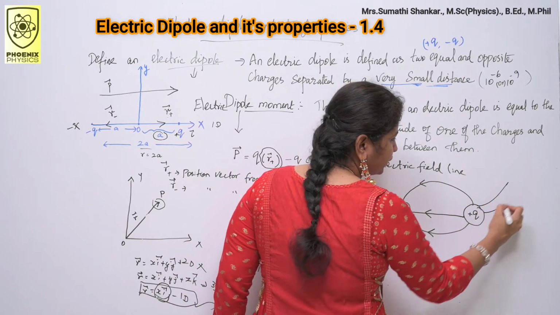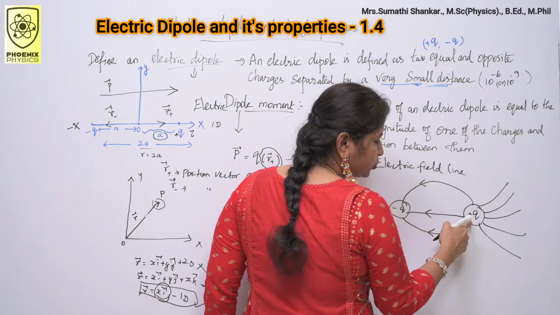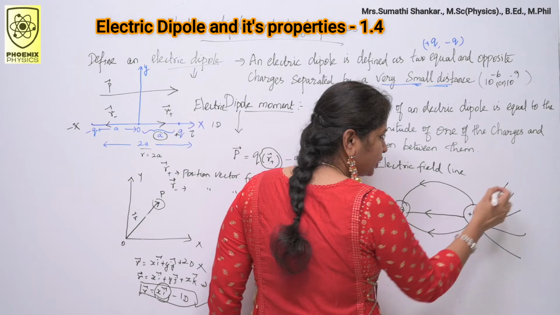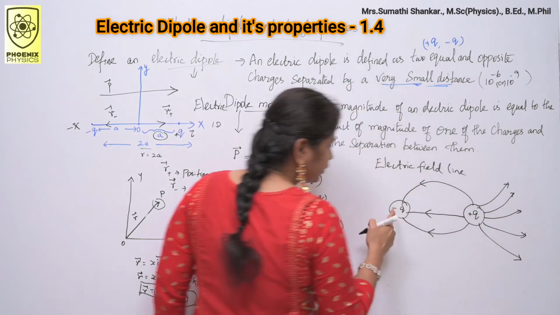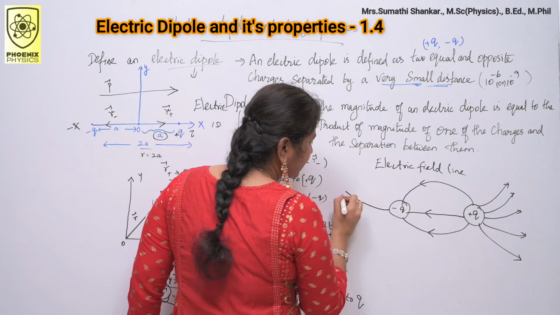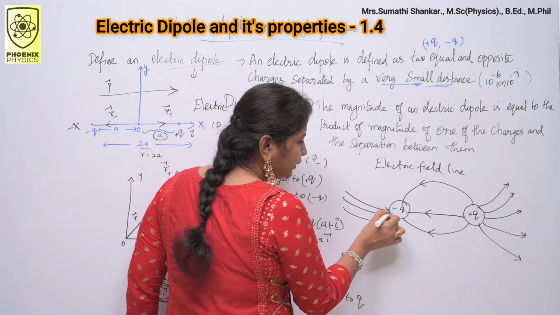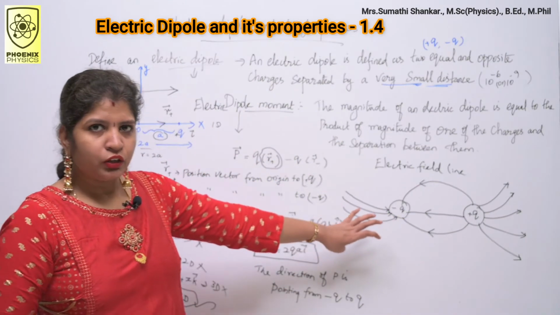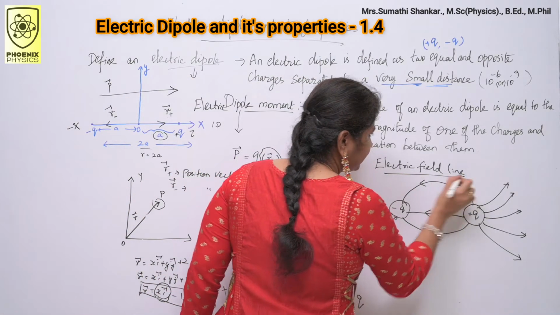Here you have to draw the line like this. If it is plus Q, lines start from the positive charge and end at infinity. If it is minus Q charge, field lines start at infinity and end at negative charge. I hope you know that. So this is the direction for electric field line.